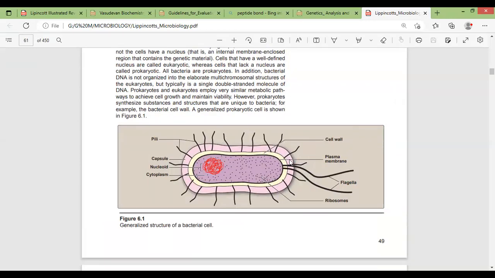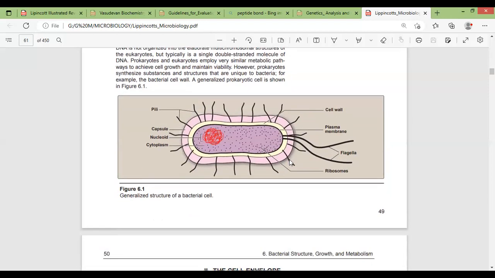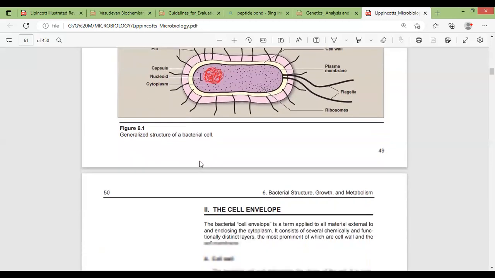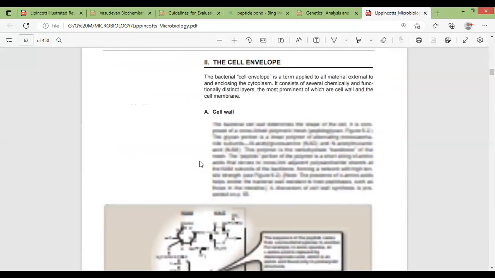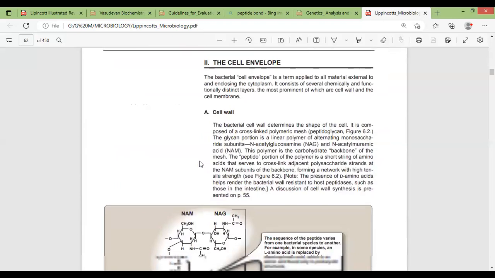Remember, one of the properties of an ideal antibiotic is that it works hand in hand with our immune system to clear the infection. So imagine if we remove this cell wall, the bacteria is well exposed to be phagocytosed by the white blood cells and such things.